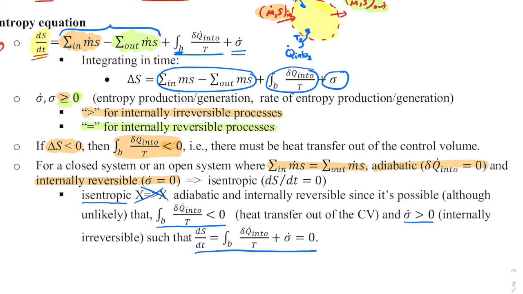So just because it's isentropic, it doesn't necessarily mean that it has to be adiabatic and internally reversible. It often is, because it's a special case that the two will add together and cancel one another out. So it's unusual, but it's not impossible. Just be aware of that: adiabatic and reversible means isentropic, but isentropic does not necessarily mean adiabatic and reversible.